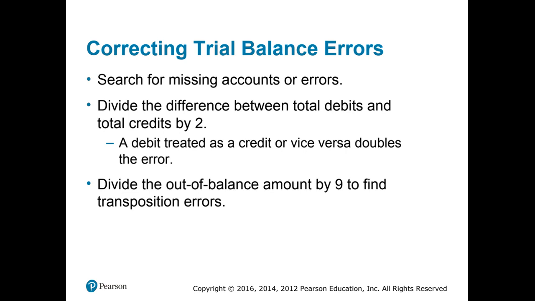As long as it's only one account that's out of balance, we can easily identify that account based on dividing by 2. A debit treated as a credit or vice versa will double the error. So if we have a misplaced debit or credit, we credited when we were supposed to debit, then when we divide by 2, it will identify the amount of that, and we can go in and locate it and change it.